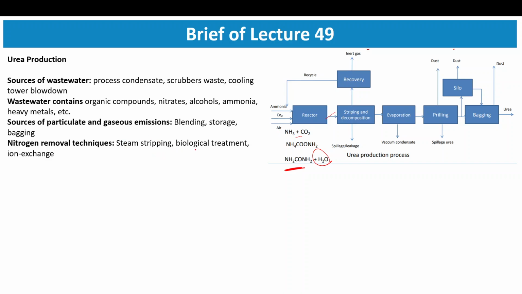So you can use biological treatment for nitrification and denitrification, and convert it into N2, or you can also use ion exchange to remove nitrogen content, because otherwise it will cause eutrophication in further steps.